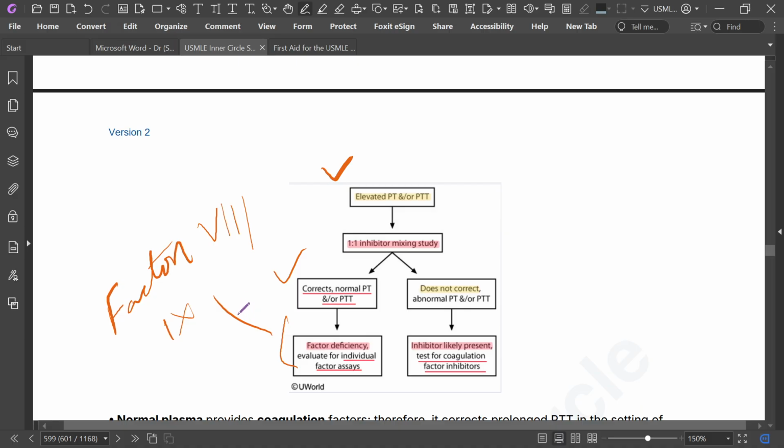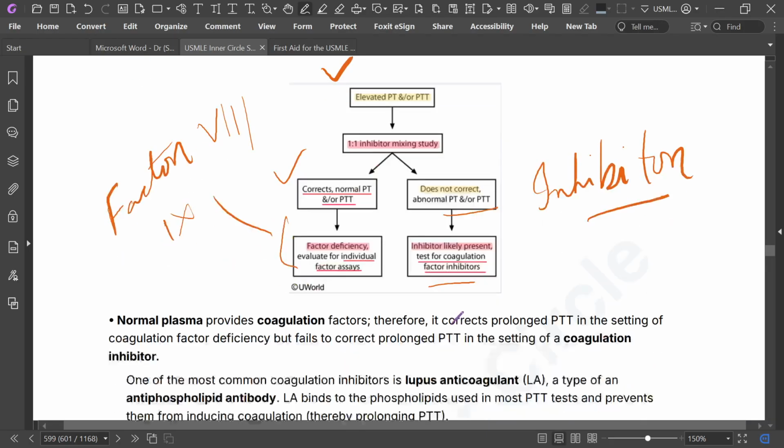And if APTT does not come to the normal level, think about the inhibitors. That means test for coagulation factor inhibitors.